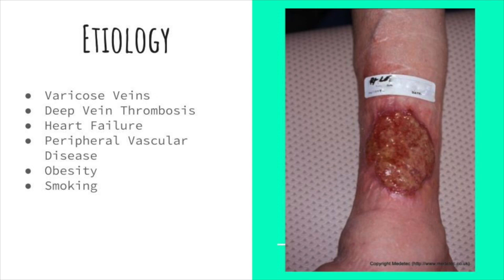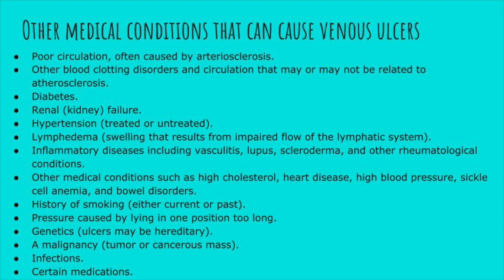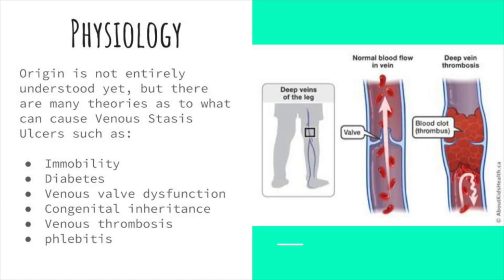Most venous ulcers are caused by venous valves that do not properly prevent the backflow of blood, also known as venous reflux, from deep veins back to the superficial veins located between the skin and muscles. In addition, any condition resulting in muscle weakness in the lower leg can decrease the skeletal muscle's effectiveness in propelling blood back toward the heart. Here is a comprehensive list of other medical conditions that can cause venous ulcers.